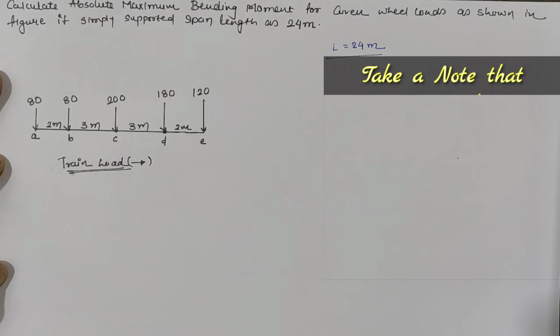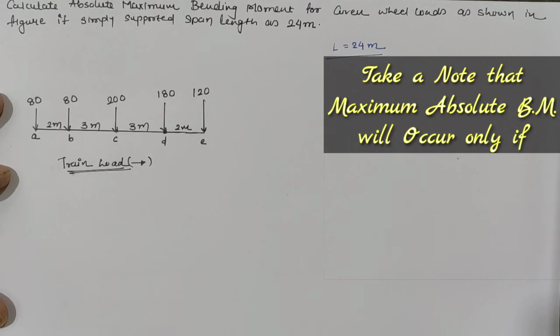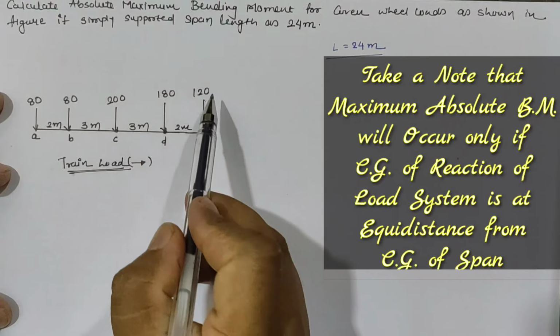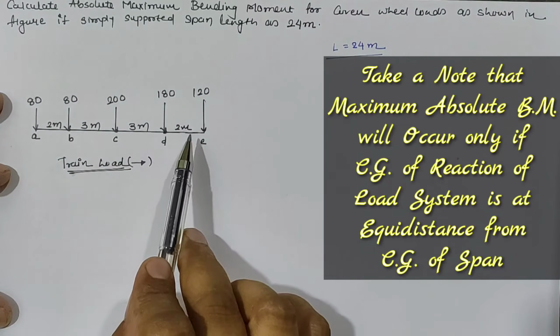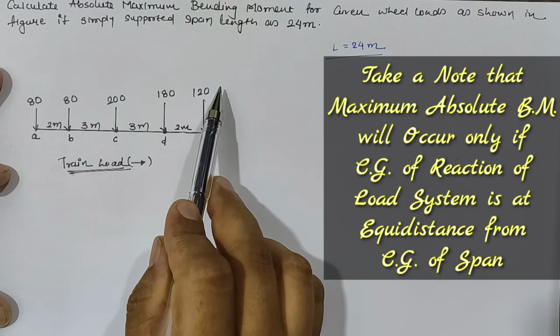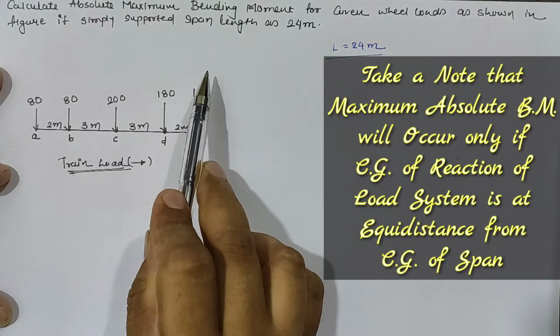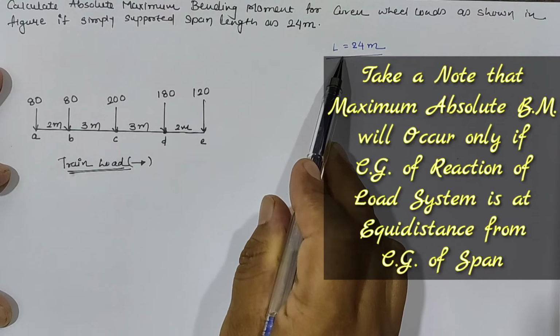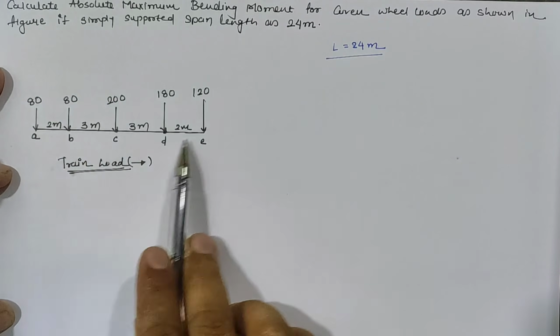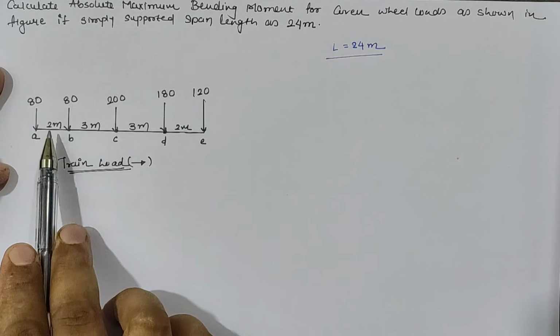Now note that the maximum absolute bending moment will occur only if the CG of this given loading system is at equidistance from the CG of the span. It means we have to first find the CG of this total load.